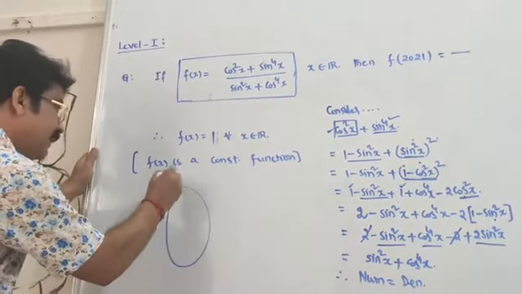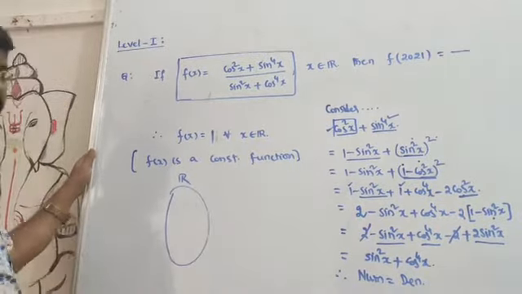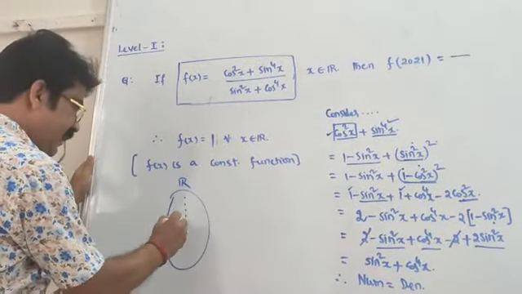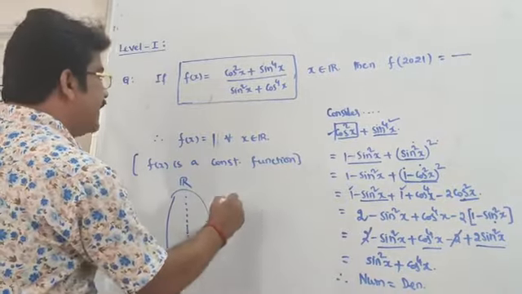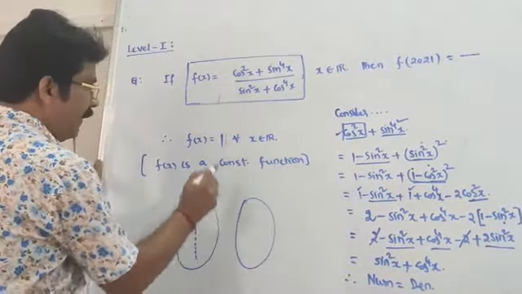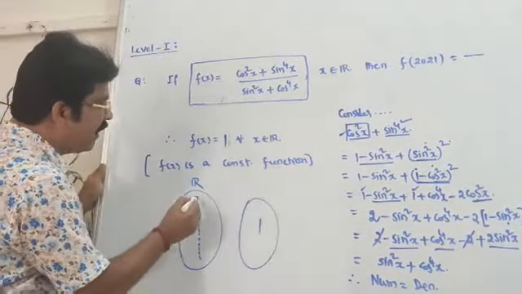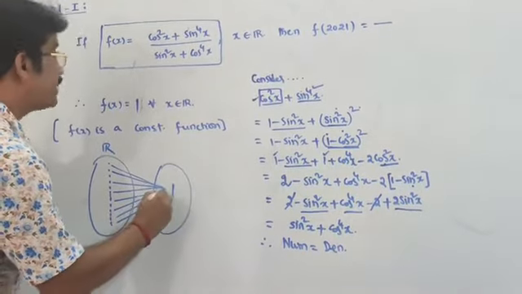This is the domain. Its domain is the real numbers. So the real number set means infinite values are there. Next, it is equal to 1, which means all infinite elements are mapped to only one element, that is 1.